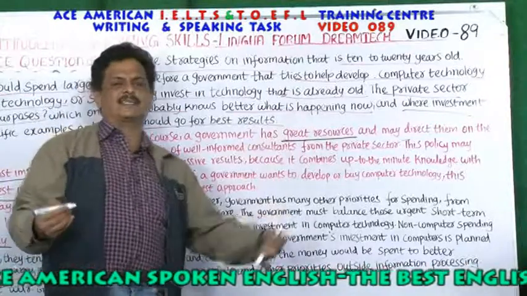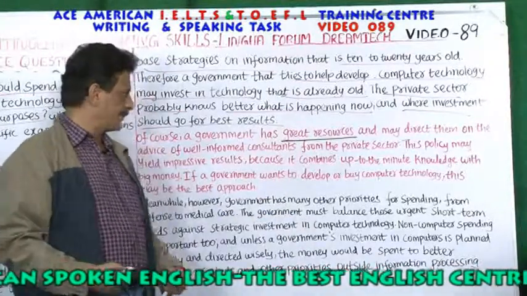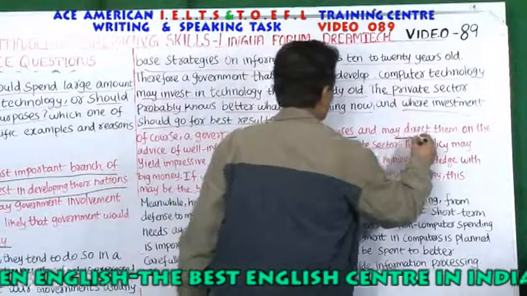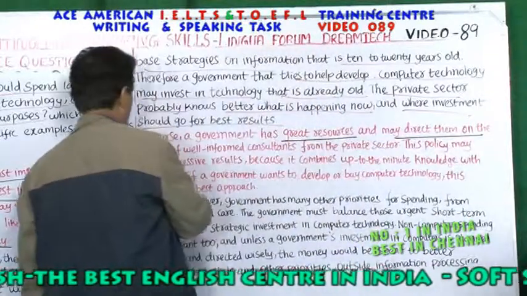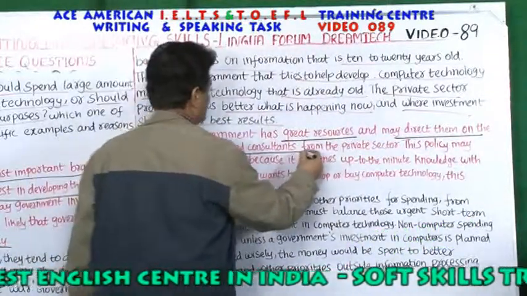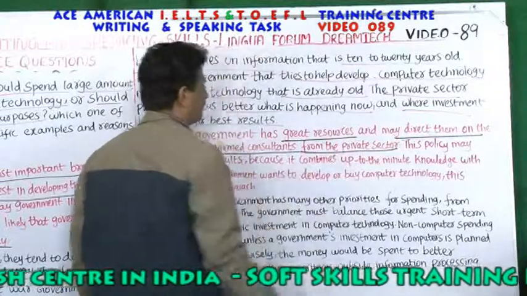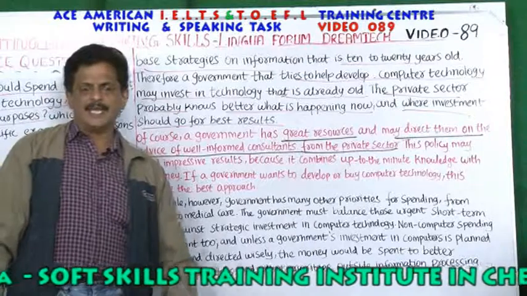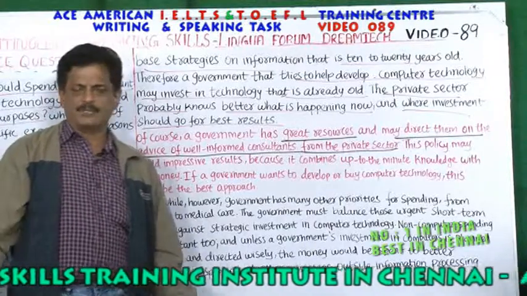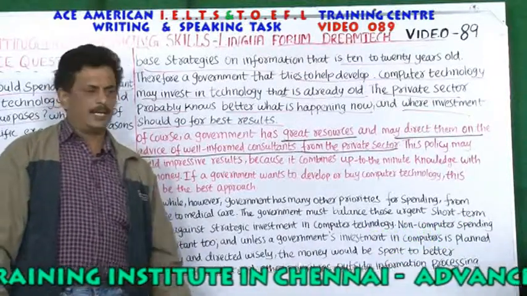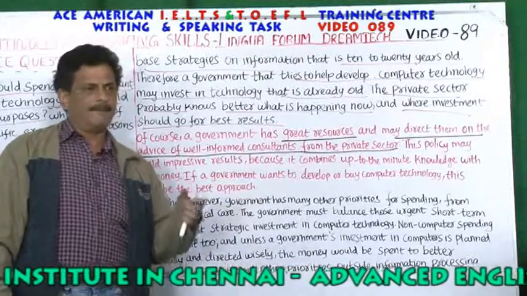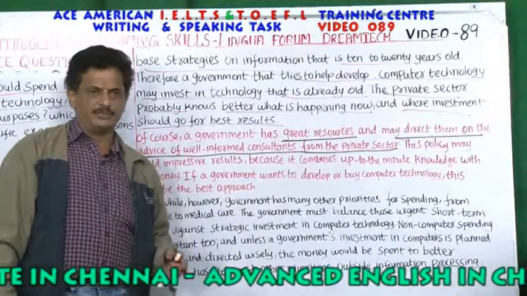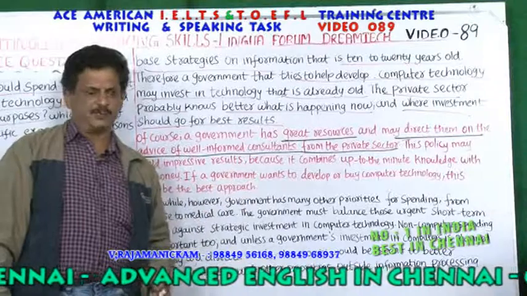Any government has great resources, and may direct them on the advice of well-informed consultants from the private sector. In a country like India, there is the Auditor General, the Planning Commission, and the finance ministry.